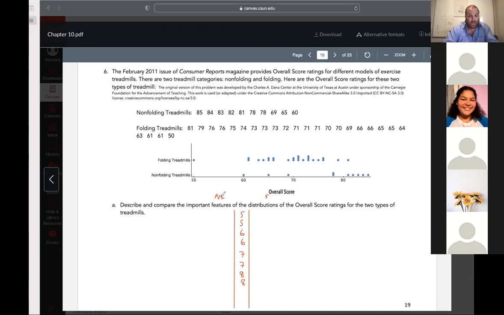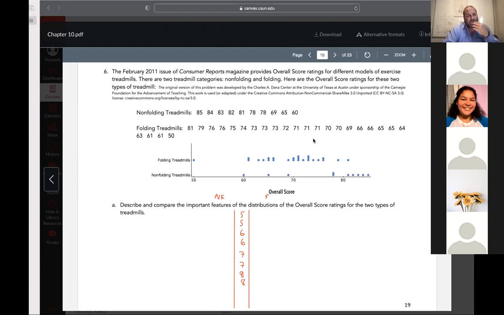Okay, so let's do the non-folding first. What's the smallest number I should put in my stem plot? Would it be 0, or would it be 1 since it's a 65? Well, why would 65 be a 1?